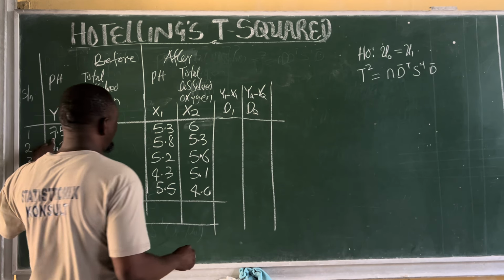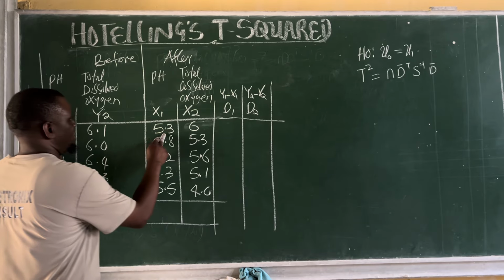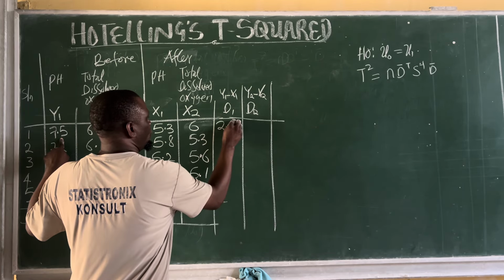If we say 7.5 minus 5.3, that will be 2.2. 7.2 minus 5.8, 1.4. 7.1 minus 5.2, 1.9. So if we sum that, it will give us exactly 10.